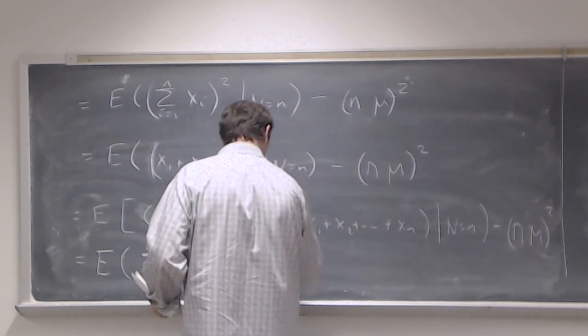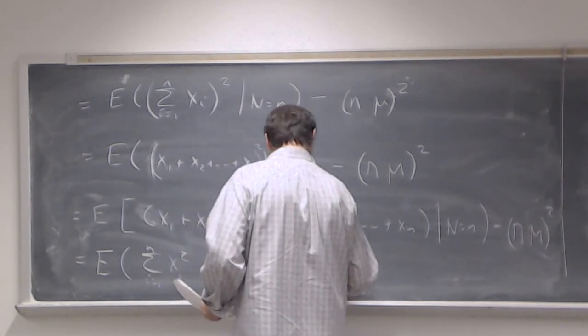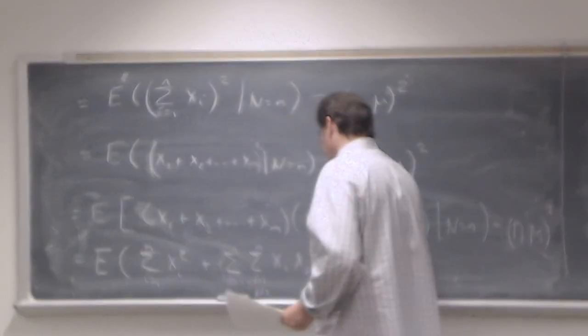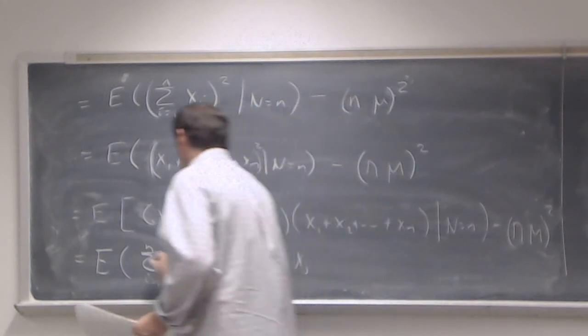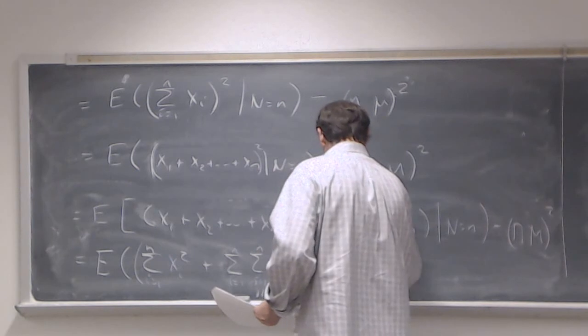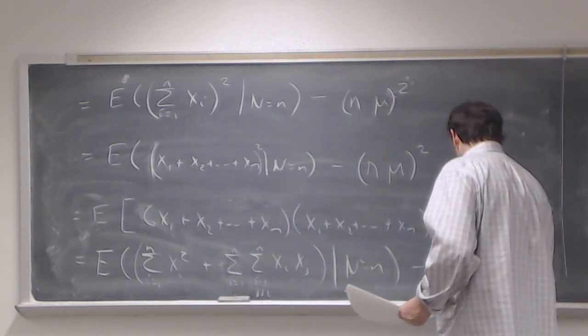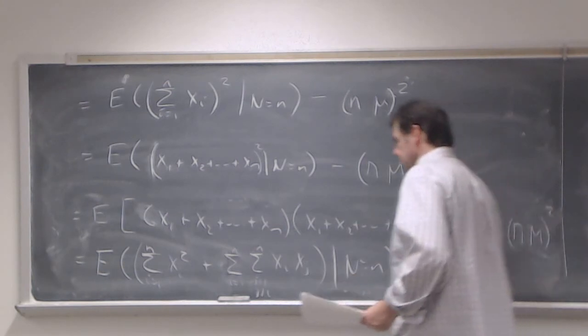Here x of i, x of j, and this is all given N is equal to little n, minus n times mu b squared.